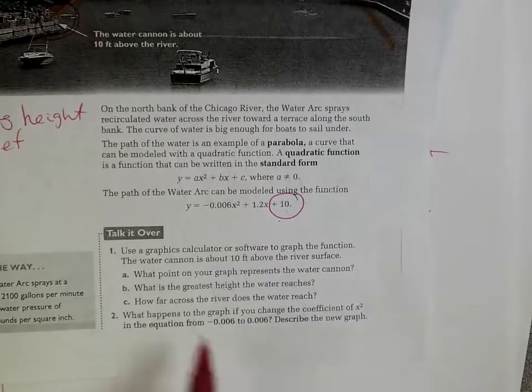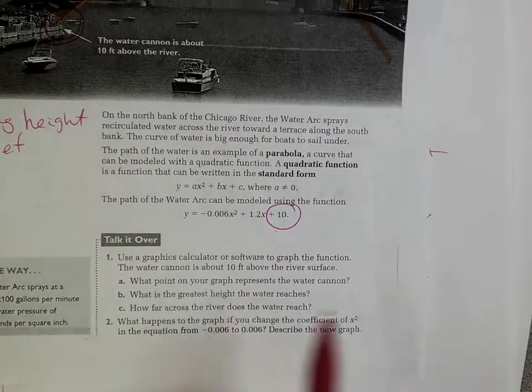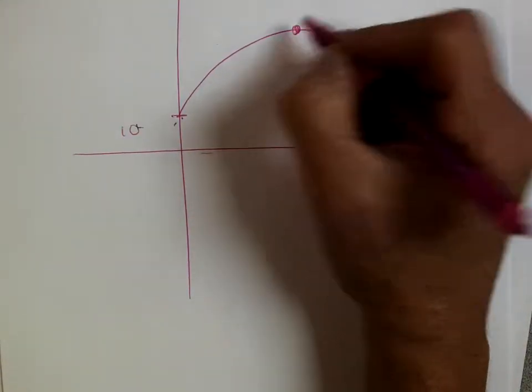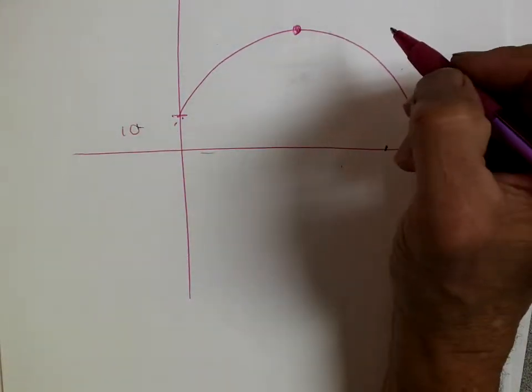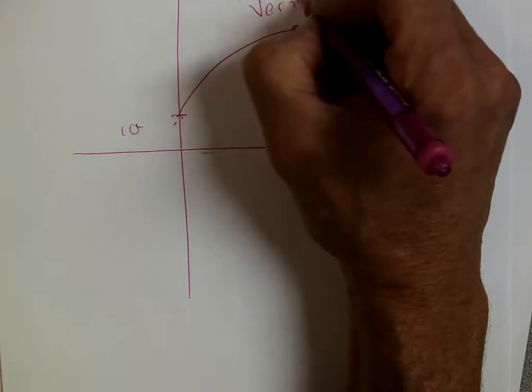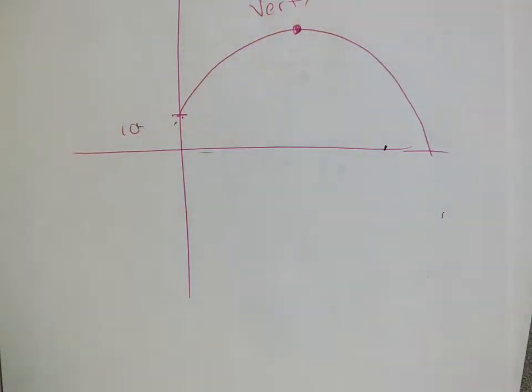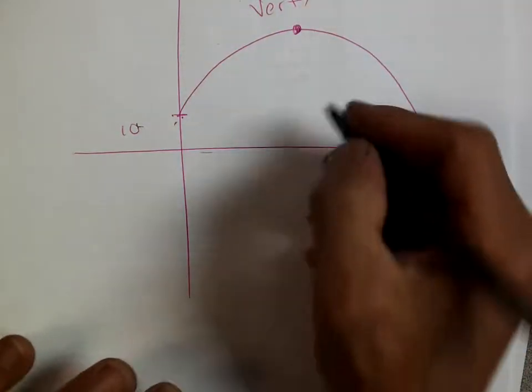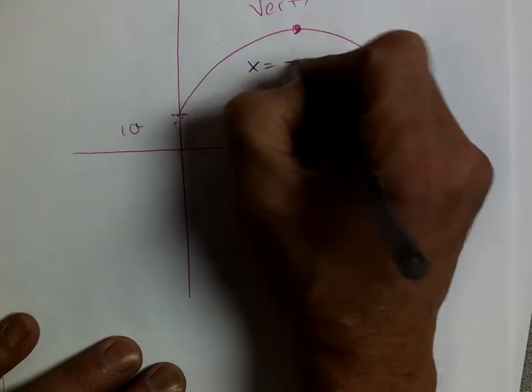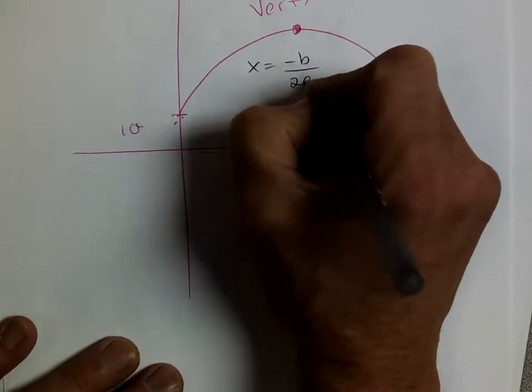So then what is the greatest height the water reaches? We want to find that height right there. Well, that's our vertex. And we have a little mini formula, x equals negative b over 2a, to find our vertex.